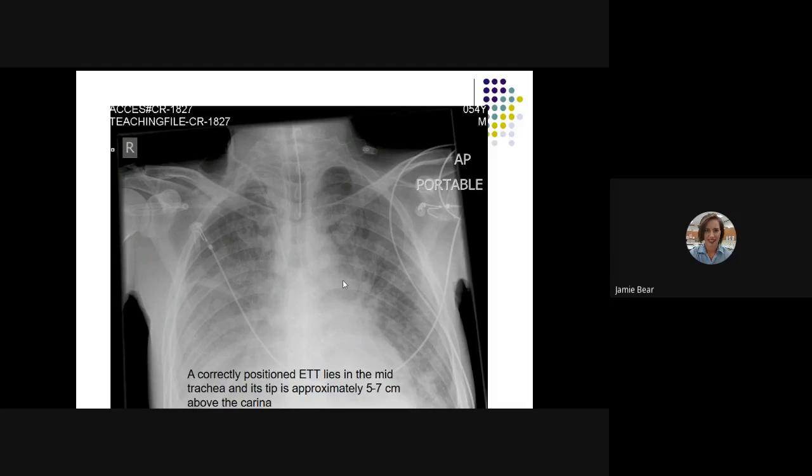So fluid moved into these lungs and is not allowing air, so diffusion will definitely be disrupted. This patient's intubated, of course, so they're probably getting lots of diuretics. They're also getting good proper ventilation to help with the ventilation status.